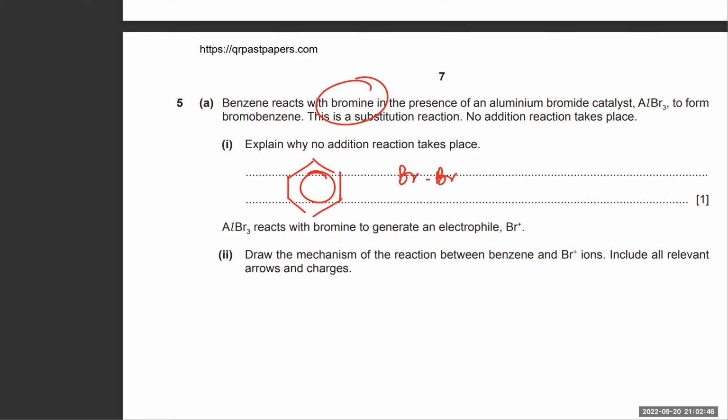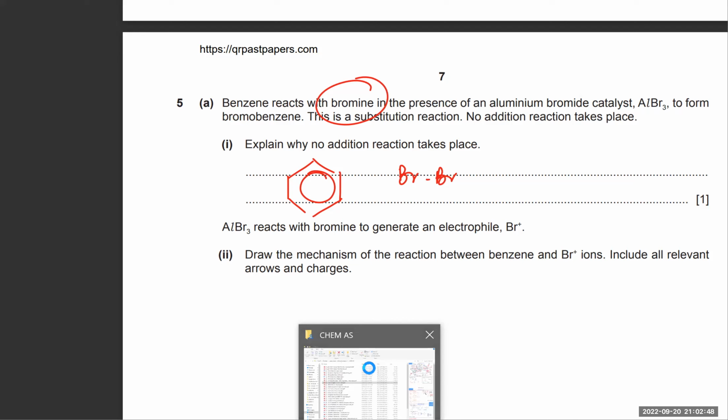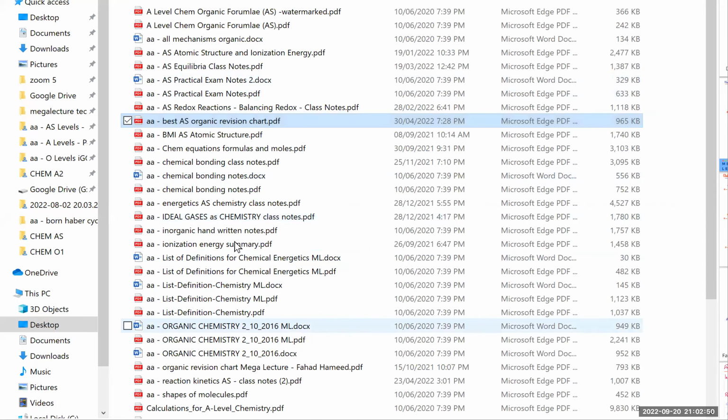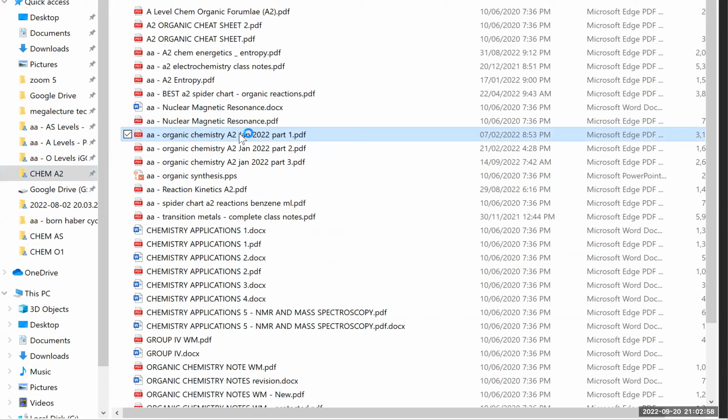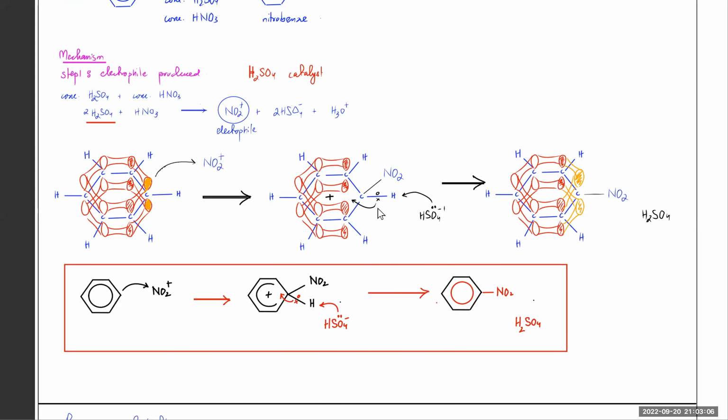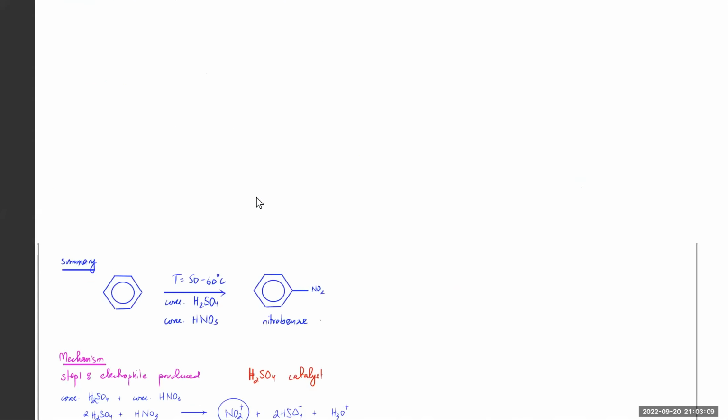Let me open the notes instead of drawing this. So this part over here, this is what benzene looks like. This is nitration.